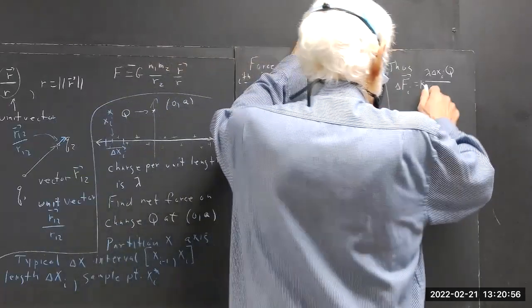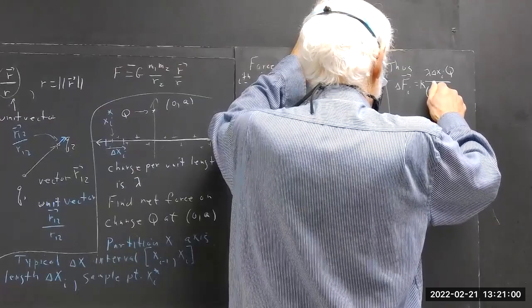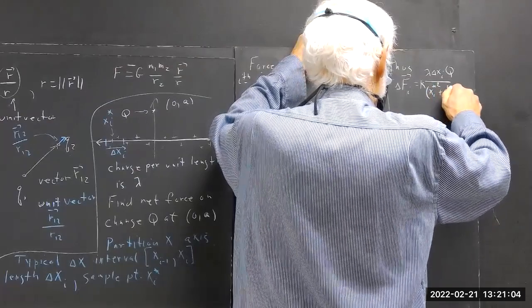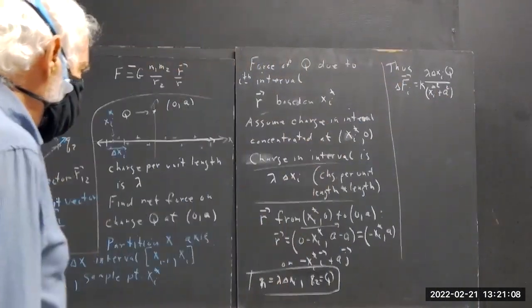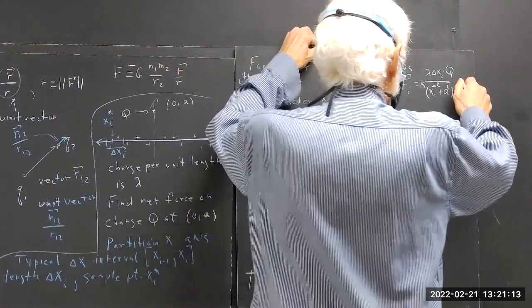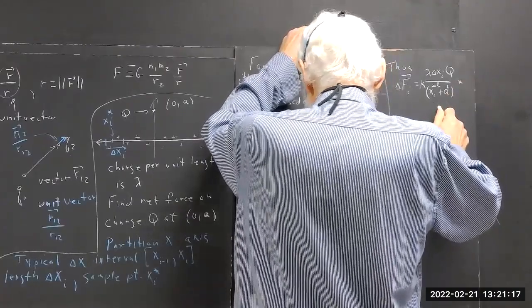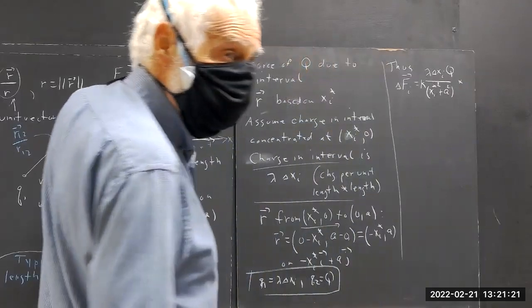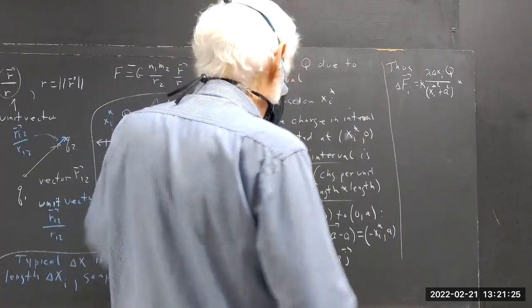So xi star squared plus a squared, and that's multiplied by your R vector over its magnitude. So then we are going to get a square root.